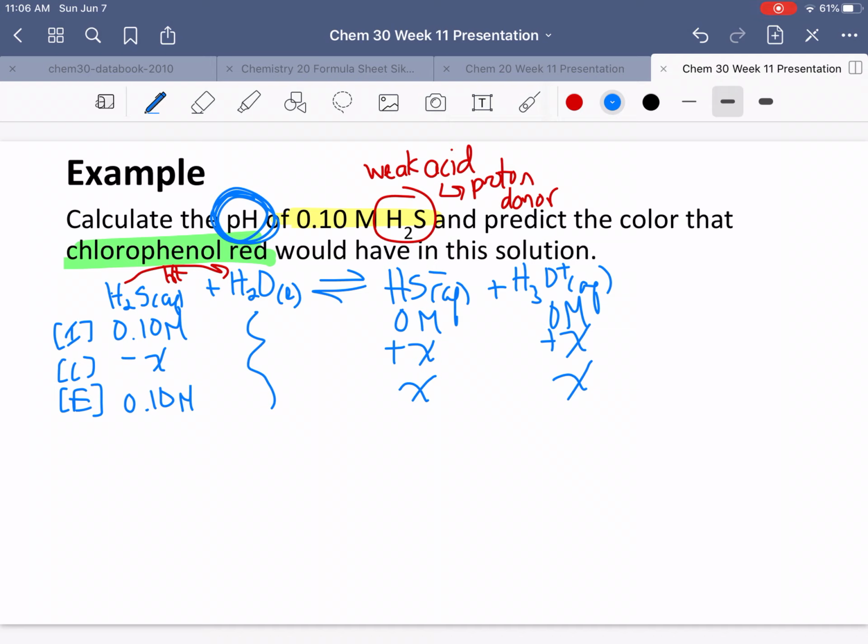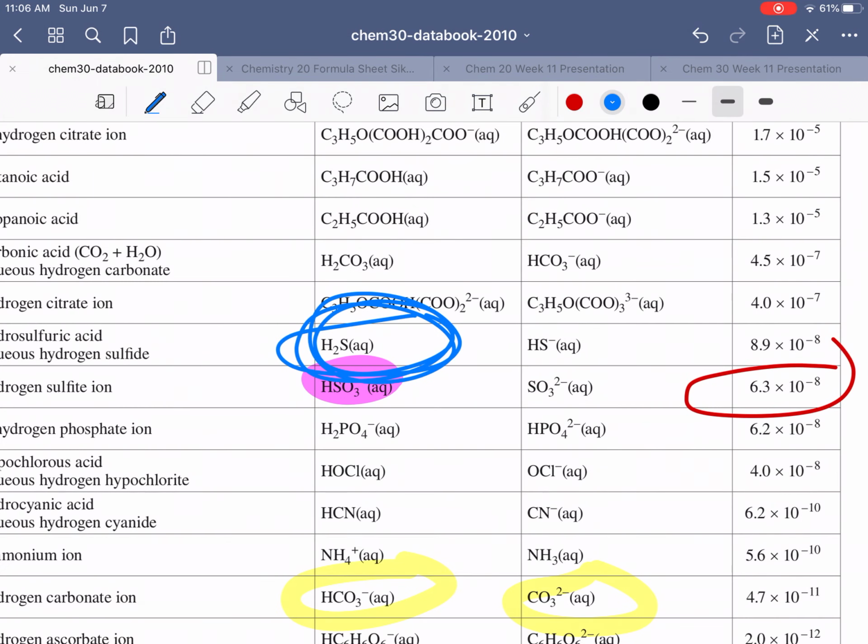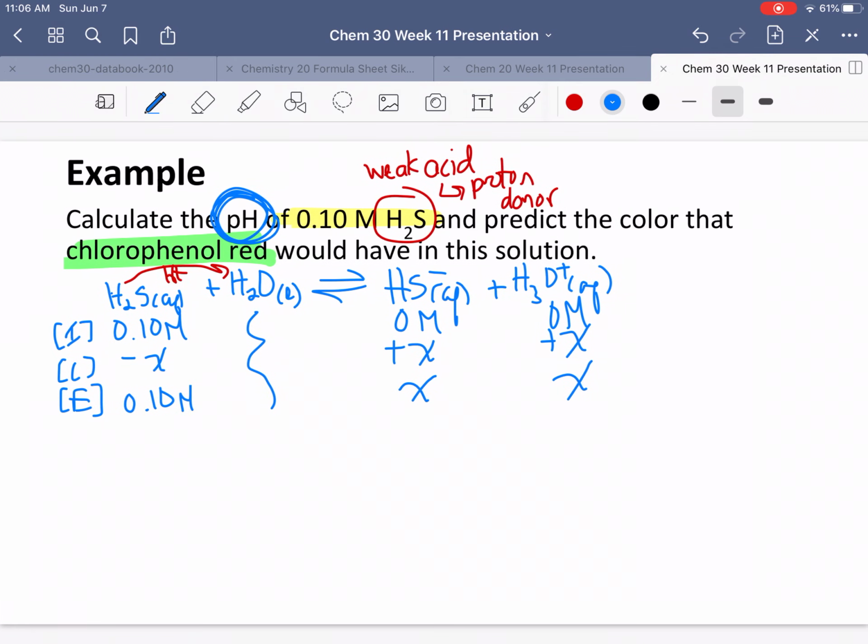Now we're going to figure out our Ka right from our table, and from that be able to solve for X. Remember back over here, we said, hey, here is your hydrosulfuric acid. Then this is your associated Ka. That's what I need to know to keep going here. Create your equilibrium law.